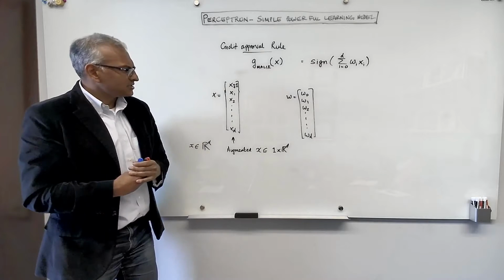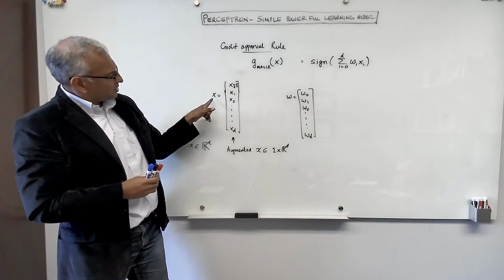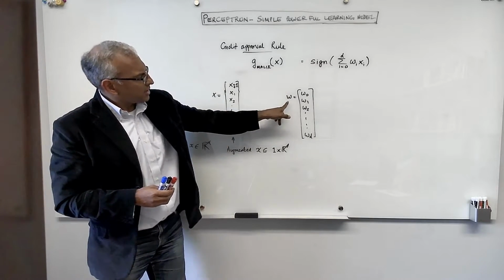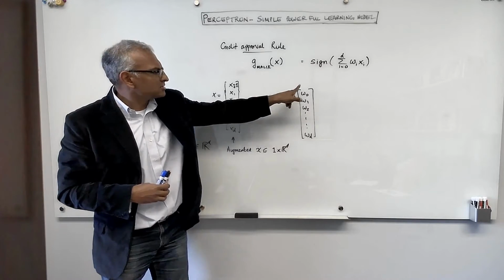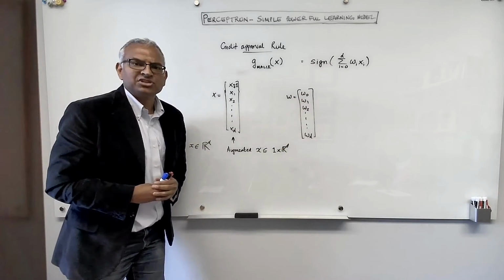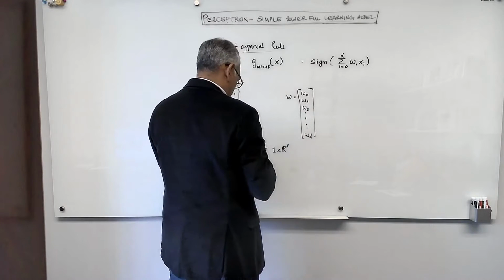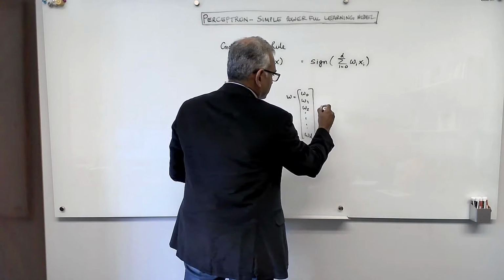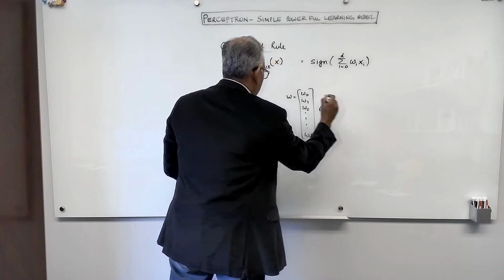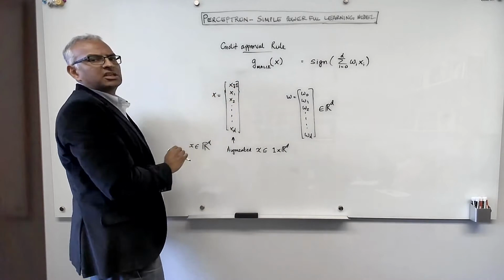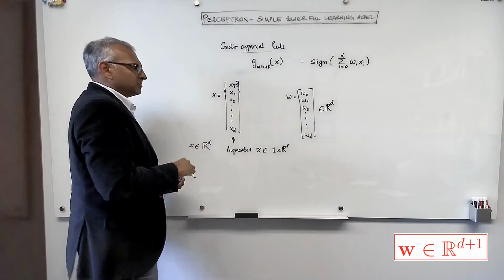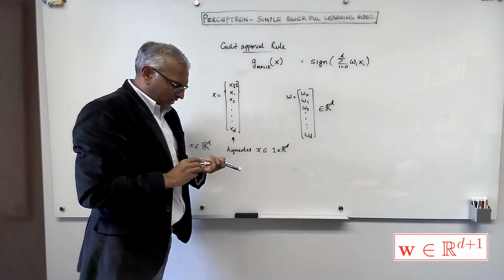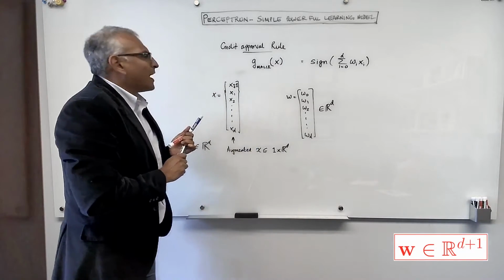And why is that nice? That's nice because now the input vector x and the vector of importance weights w have the same dimension. This is now in R to the d, also d-dimensional, but it's a special d-dimensional space, not the general one. The first component is always 1. Why is that convenient?